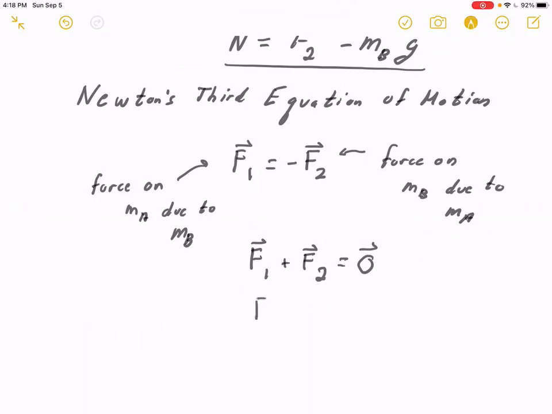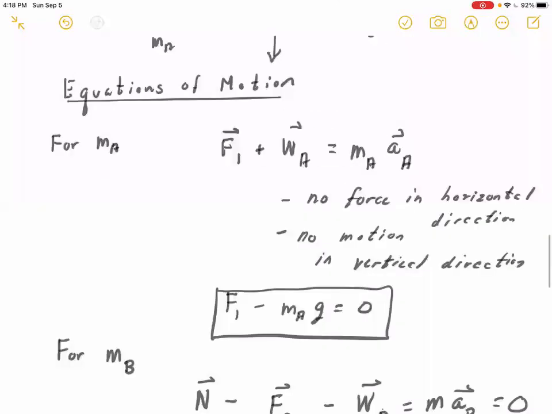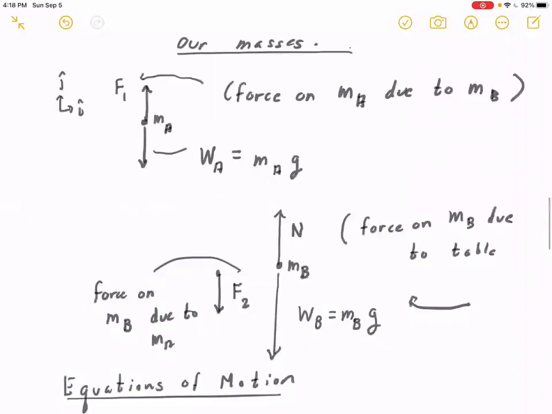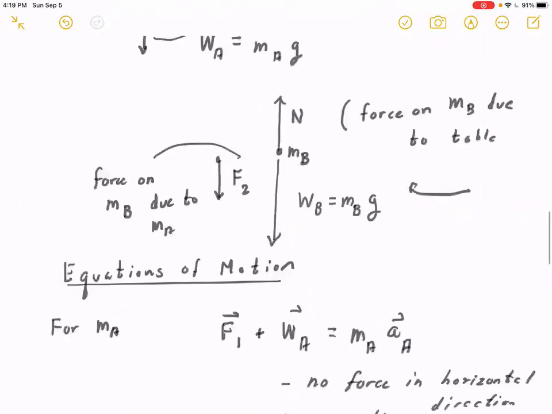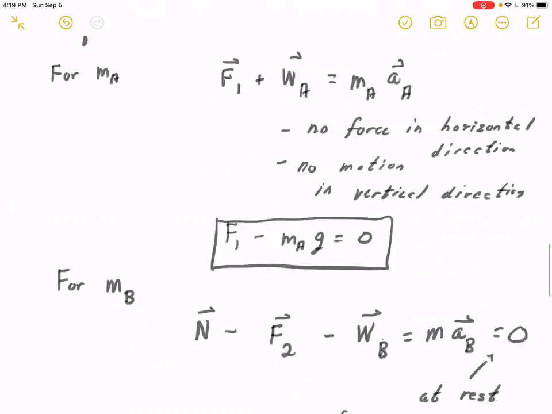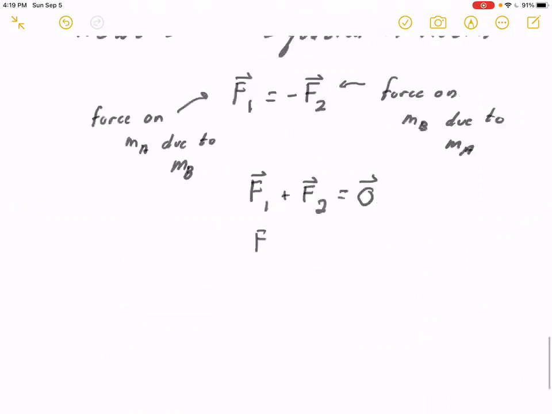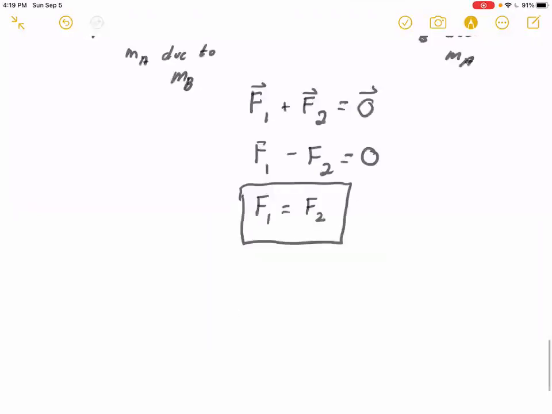I go back and look at F sub 1, the magnitude of F sub 1 and F sub 2. Note F sub 1 goes in the positive j hat direction. F sub 2 goes in the negative j hat direction. So now this is a zero on the right-hand side. And Newton's third law tells me that the magnitude of F sub 1 has to equal the magnitude of F sub 2.